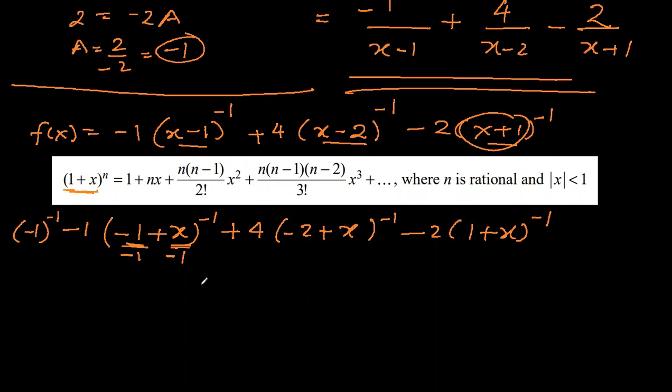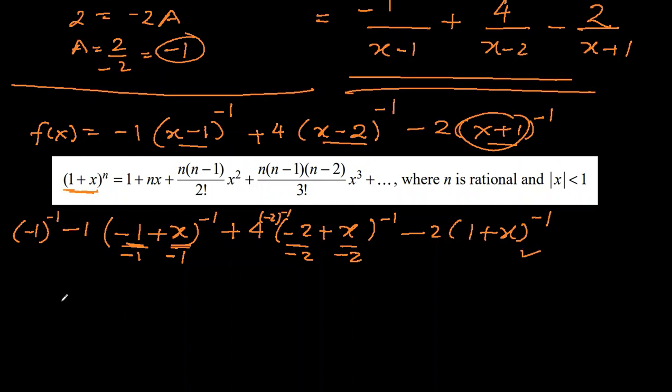Similarly, we'll divide this by -2. I have to divide by the same number here, and I have to multiply by the same number with the same exponent outside. This one is okay, so we don't have to touch it.